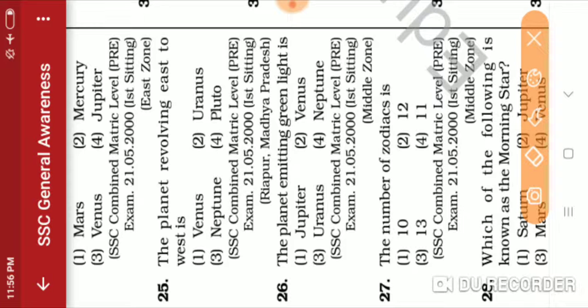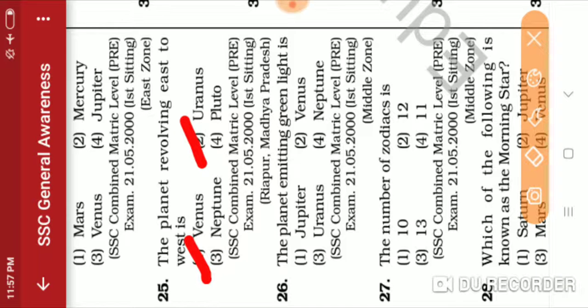I told you that Venus and Uranus revolve east to west, and the sun rises from the west and sets in the east there. So here, Venus and Uranus both answers will be correct.